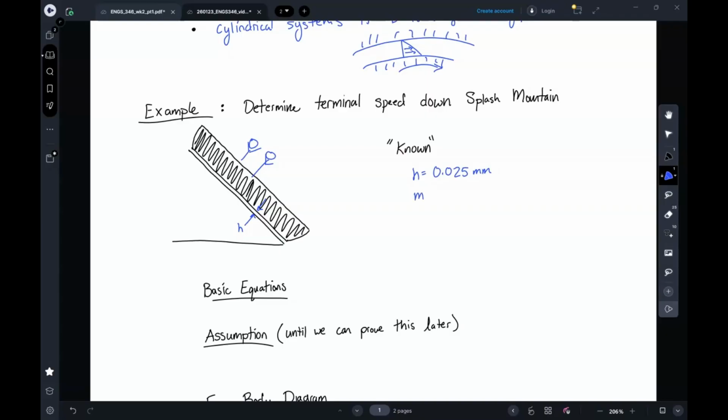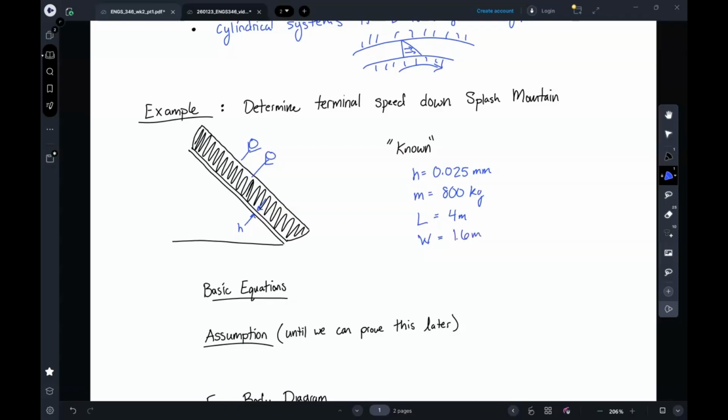The mass of your system, right? So the boat plus all of you people, we'll say is 800 kilograms. The length of the boat is 4 meters, right? You have a couple rows of people, and the width is 1.6 meters.